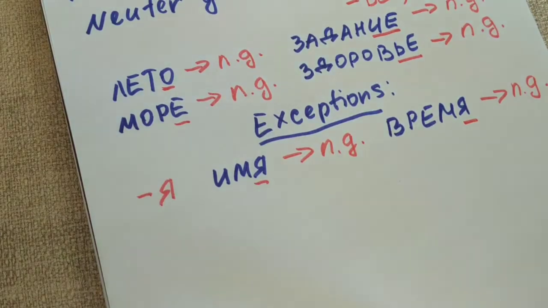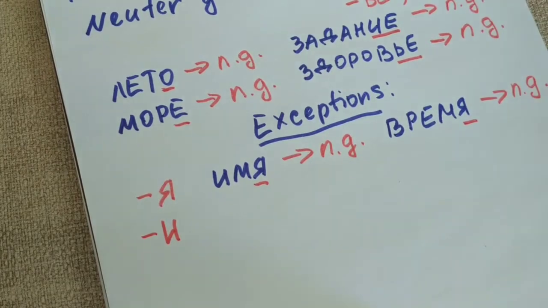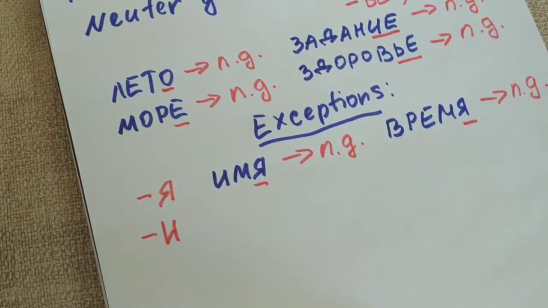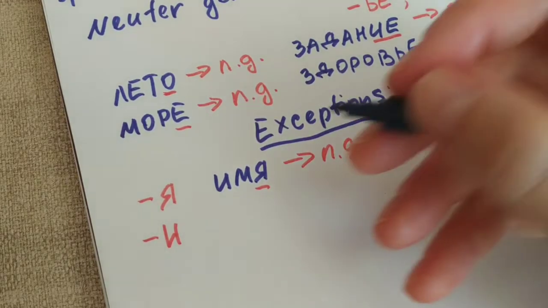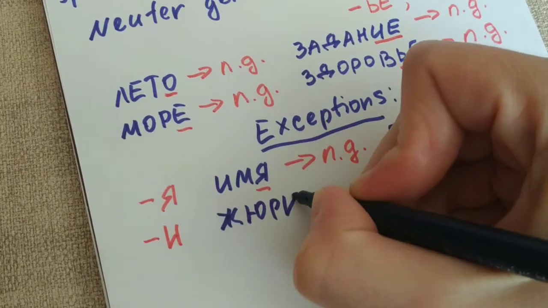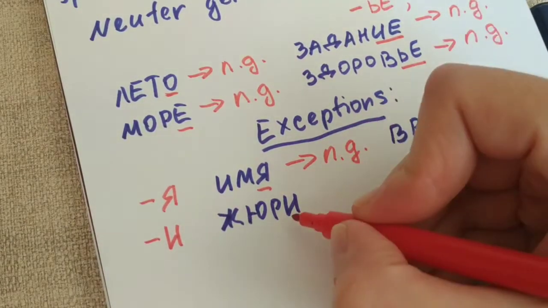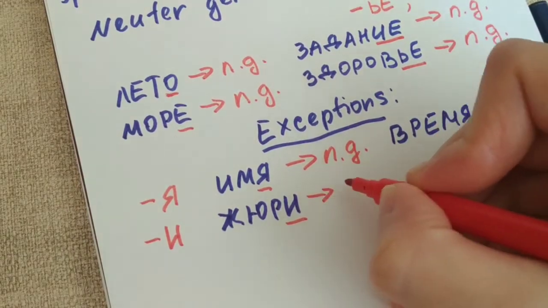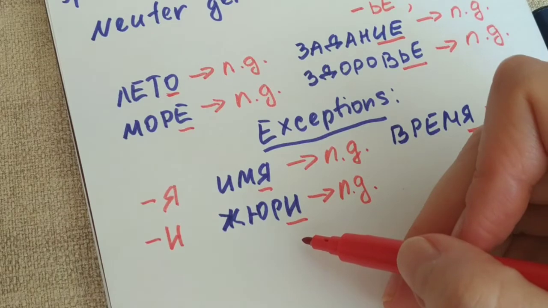Next, we have a group of nouns ending in e, which are of a neuter gender. Let me give you some examples. The first one is jury, meaning jury, and it is ending in e, and it is of a neuter gender.